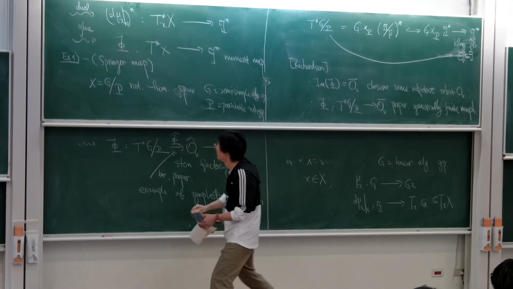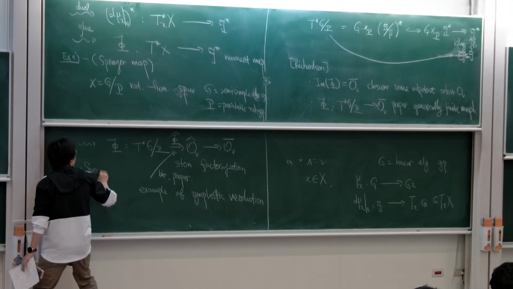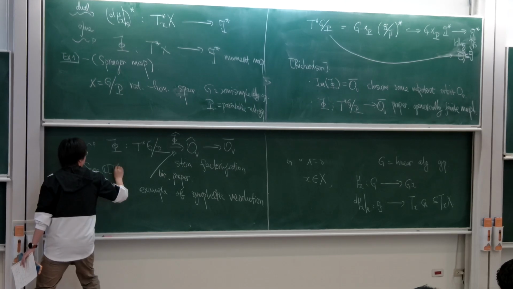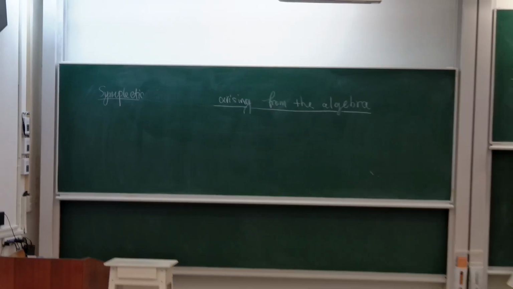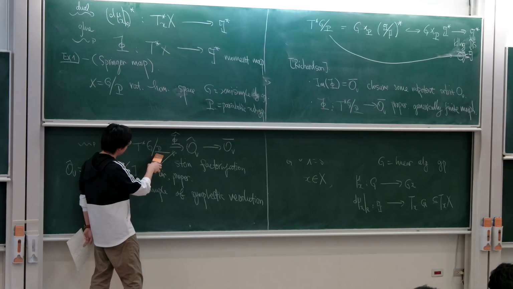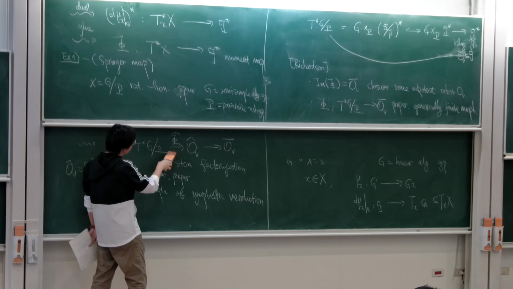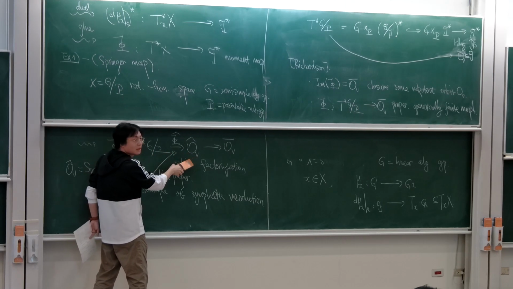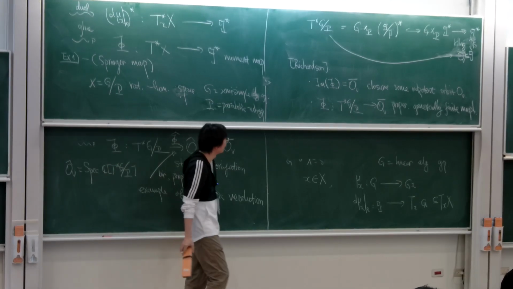In fact, O_V-hat is nothing else but the Spec of the ring of regular functions over this cotangent bundle. Of course, this one is symplectic because this is a birational map. You can take any symplectic form over this, which will descend to O_V-hat. But this one maybe not normal. Yeah, that's a problem.